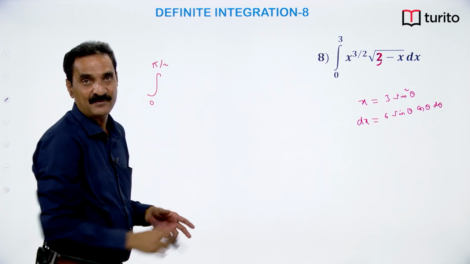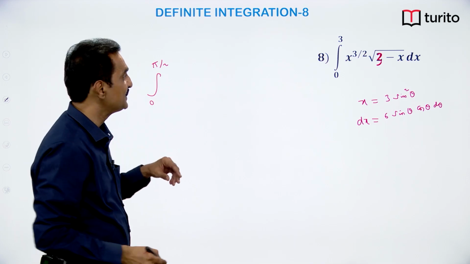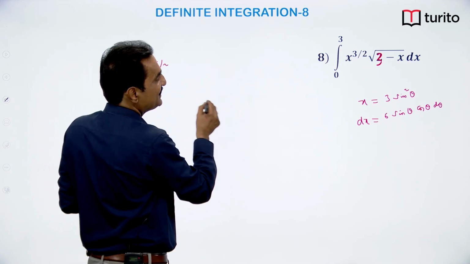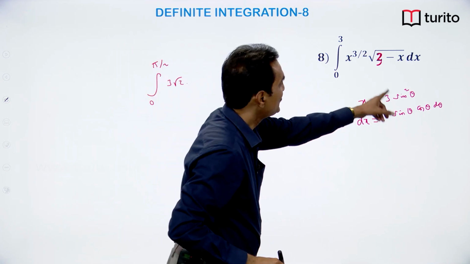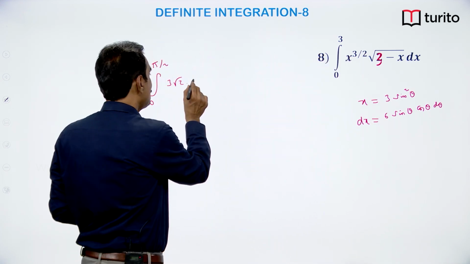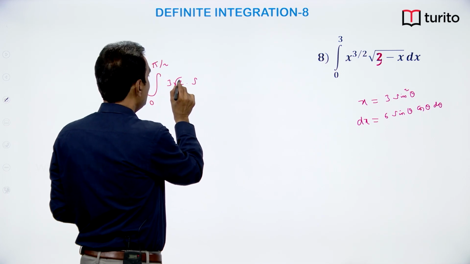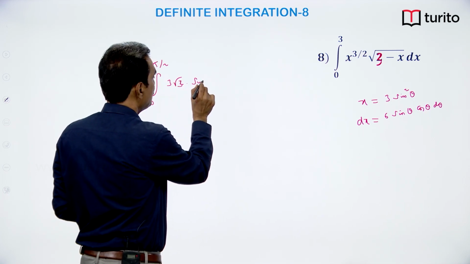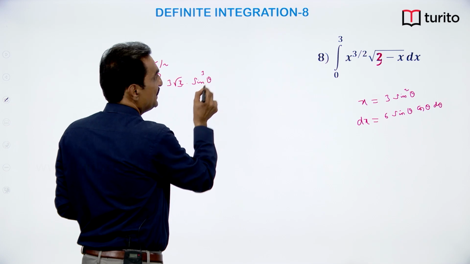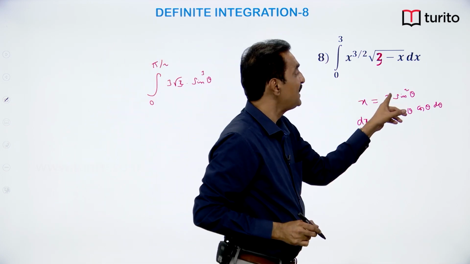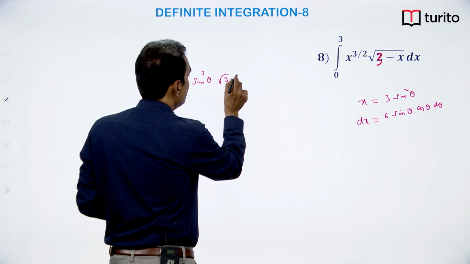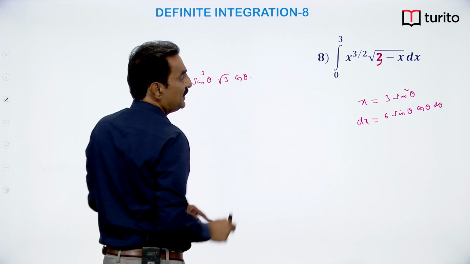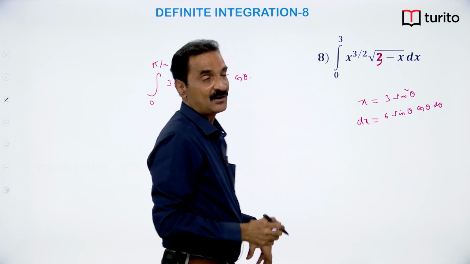I already explained in the previous question, so I am writing direct steps. X power 3 by 2 means 3 power 3 by 2, which is 3 root 3 into sine cube theta. Into root over 3 minus 3 sine square theta means root 3 cos theta. Now dx is 6 sine theta cos theta.